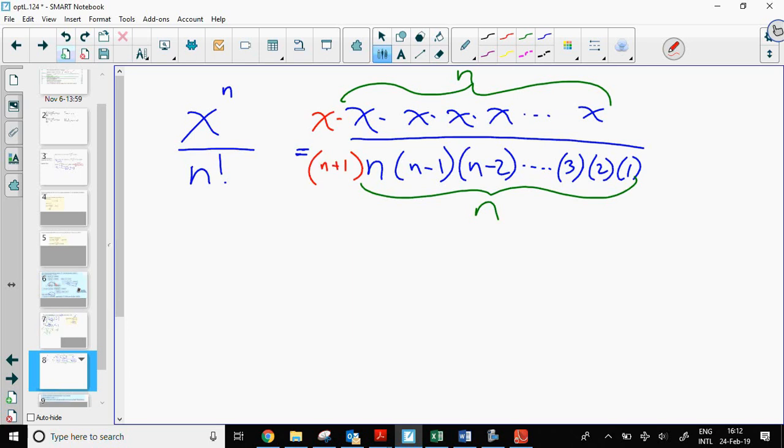And if n grows again, then my numerator would grow again by a factor of x, and my denominator would grow by a factor of n plus 2. So every time that I increase n, my numerator is growing by the same factor, but my denominator is growing by larger factors each time. So at some point, my denominator will begin growing faster than my numerator. So therefore, the limit has to go to 0.